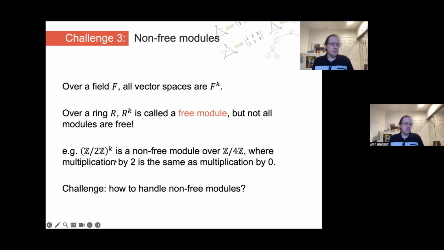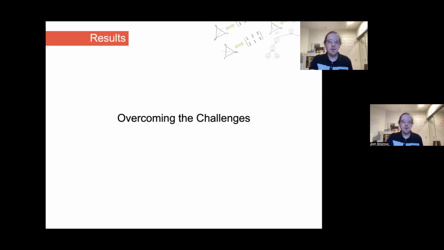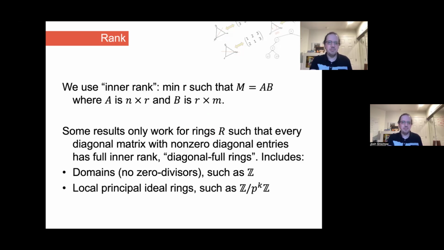Right? So this is what's called a non-free module. Right? Notice that this property, multiplication by some non-zero scalar is the same as multiplication by 0, doesn't happen over fields. Right? And so there's an additional challenge here of how do we handle non-free modules when we're dealing with other rings. All right, and now we come to how do we overcome these challenges and what results do we get?